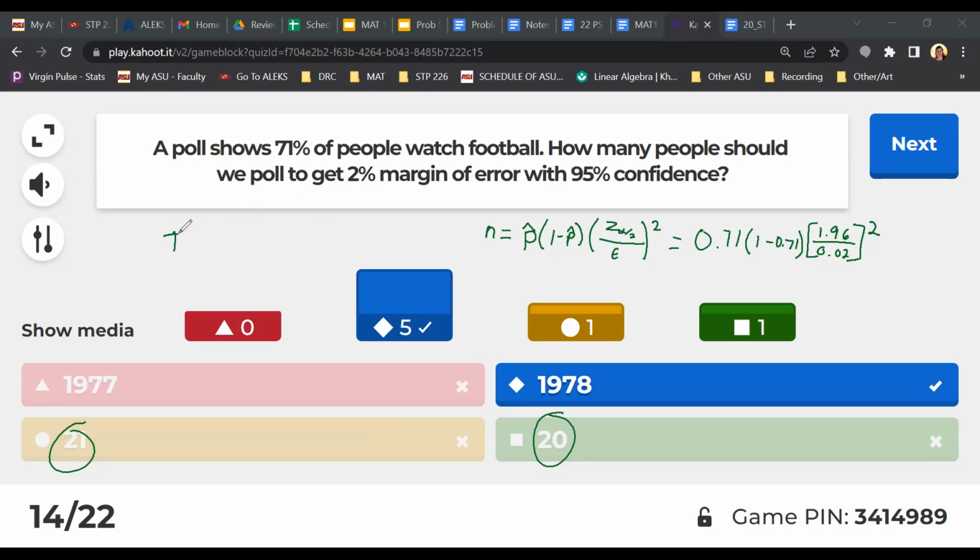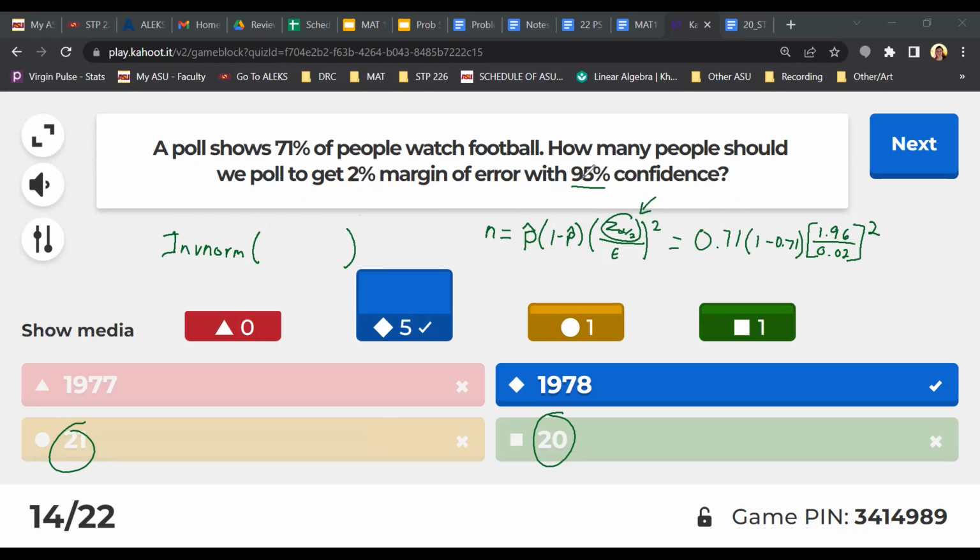So I would do inv norm. And then I want alpha divided by 2. That's why the z thing here has z sub alpha divided by 2. If we have 95% as our confidence level, then the rest of the 100% is our alpha.